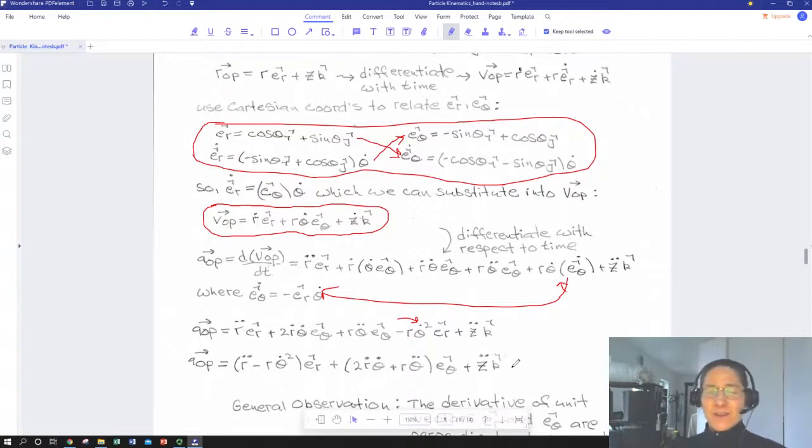So you might ask yourself, why in the world would I use such a complicated expression for acceleration when I could just use x double dot i hat plus y double dot j hat plus z double dot k hat?